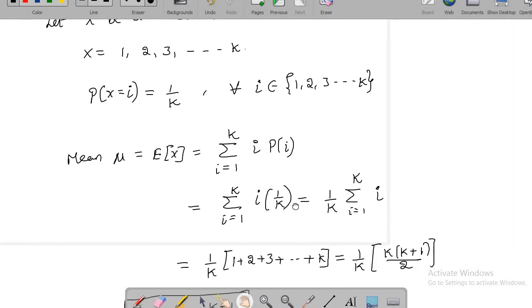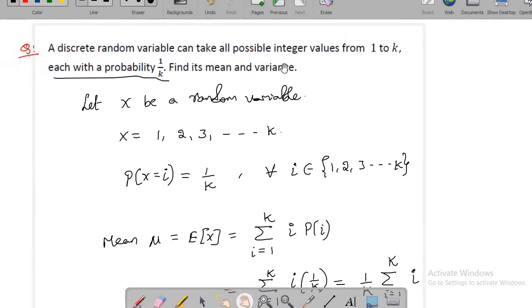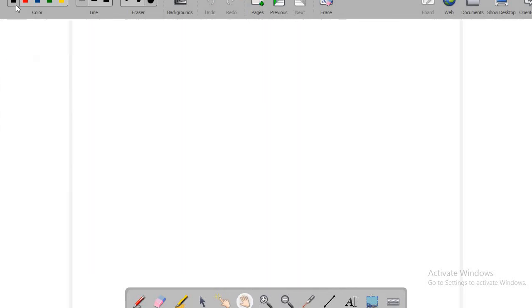Okay, so next they are asking for variance. So what is the variance of this random variable? Let's see. You know the formula for variance of x, which is actually expected value of x square minus expected value of x whole square.